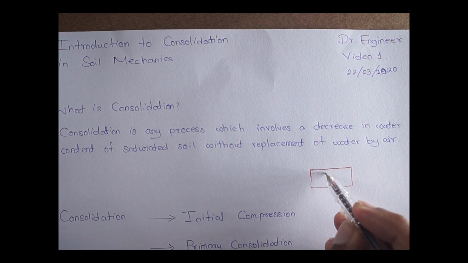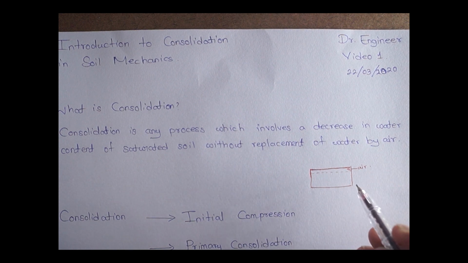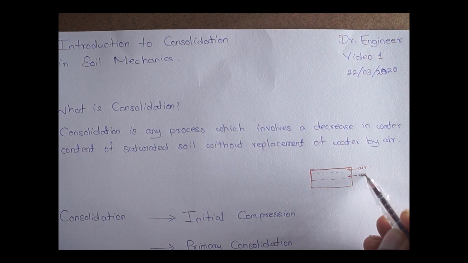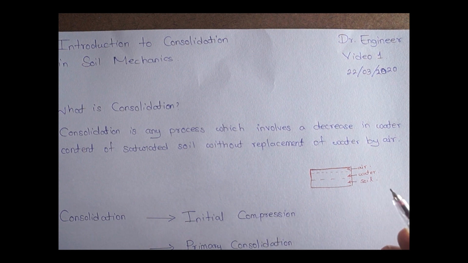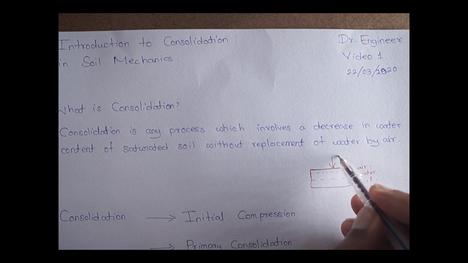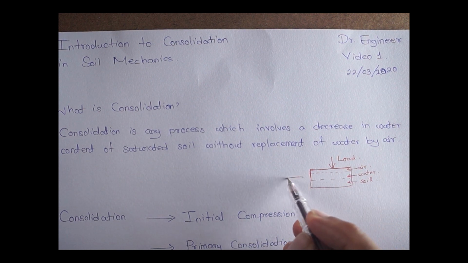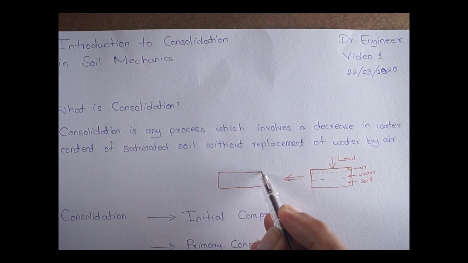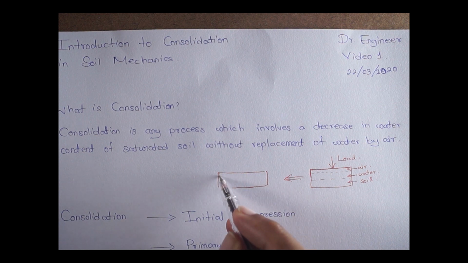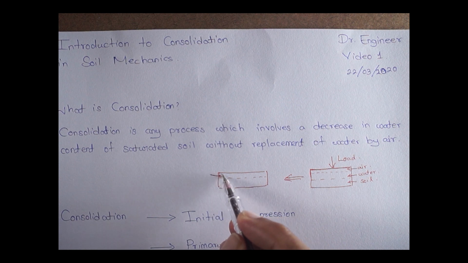The air in that phase is replaced by water eventually due to the load present on the soil, and the soil becomes settled down. We should note that this process is a slow process under static load which takes a longer time.